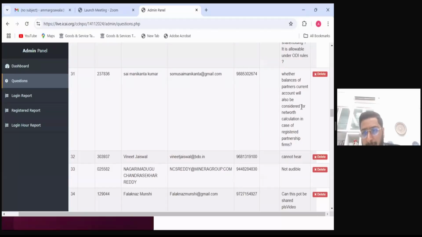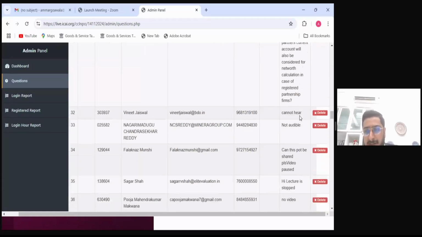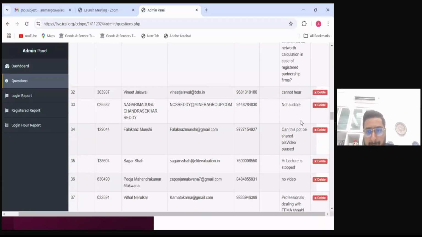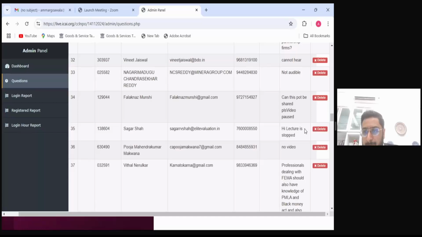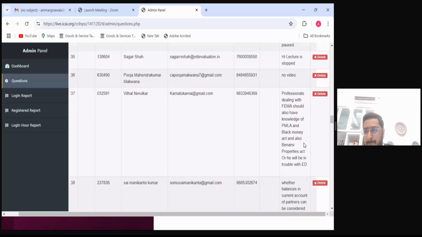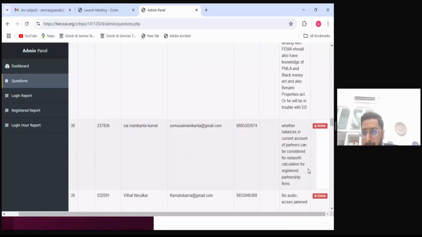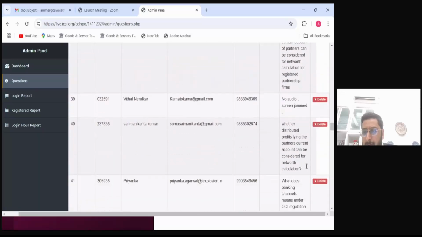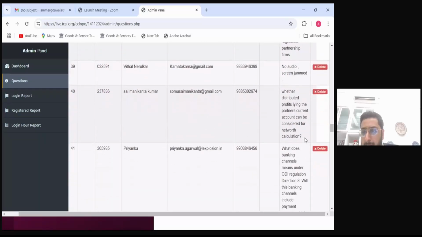Will the balances of partners' current accounts also be considered for net worth calculation? Yes, balances of capital and current account should be considered. Whether undistributed profits lying in the partner's current account can be considered for net worth calculation?